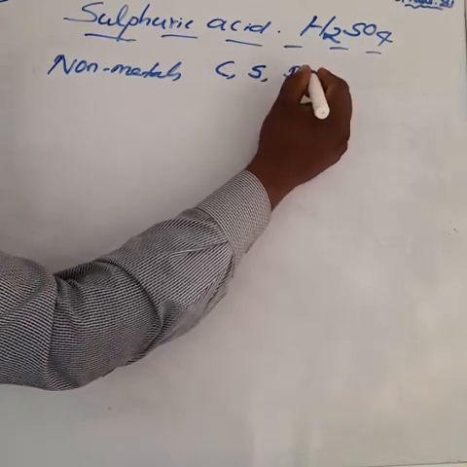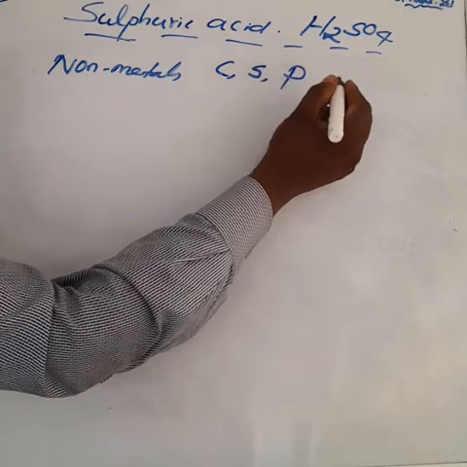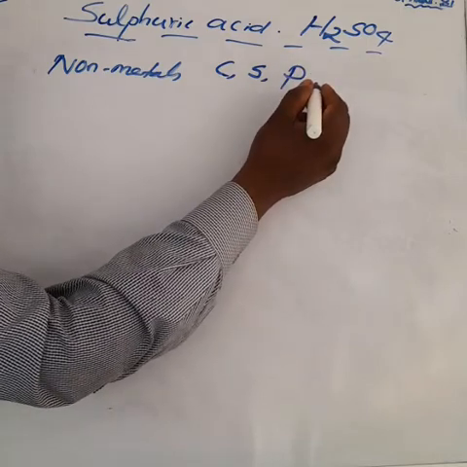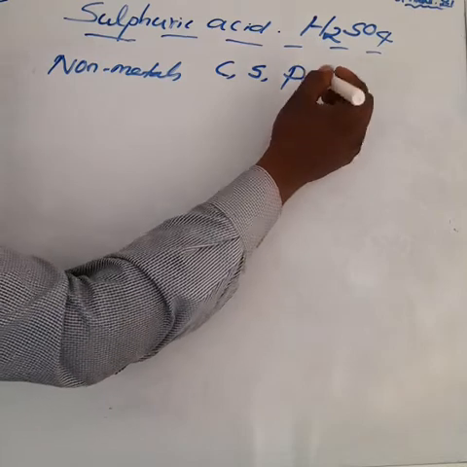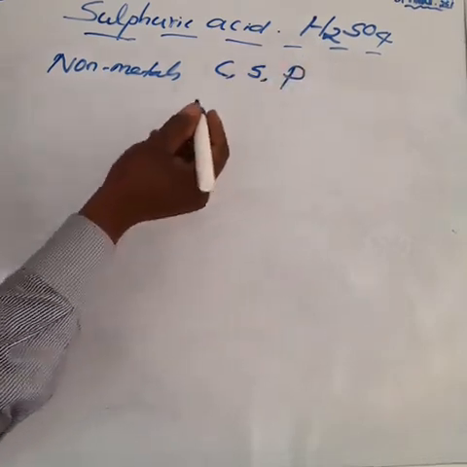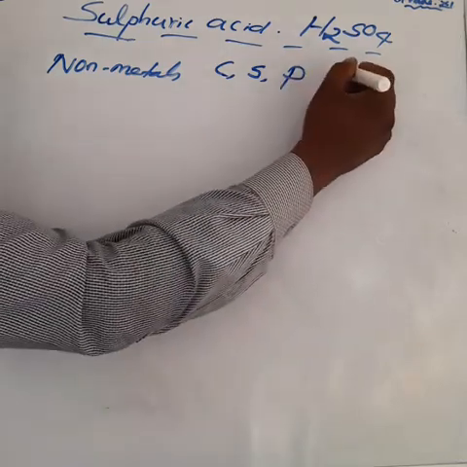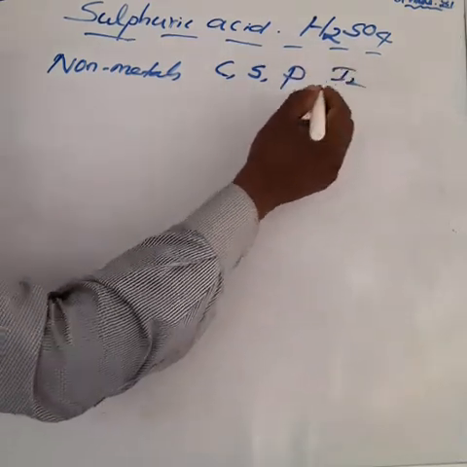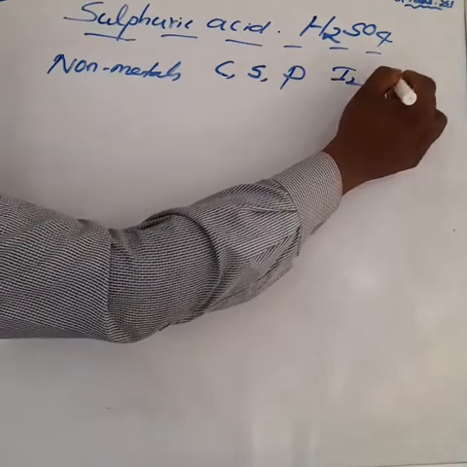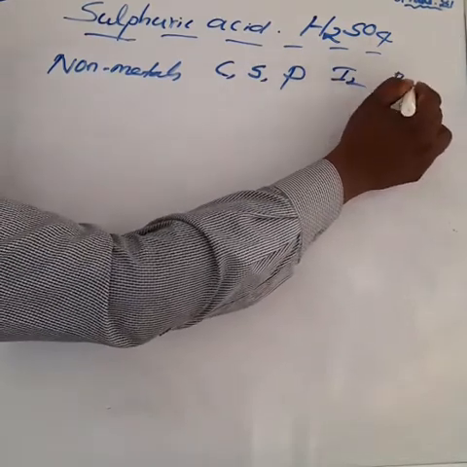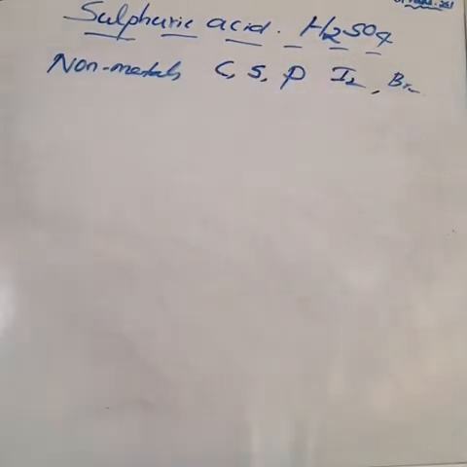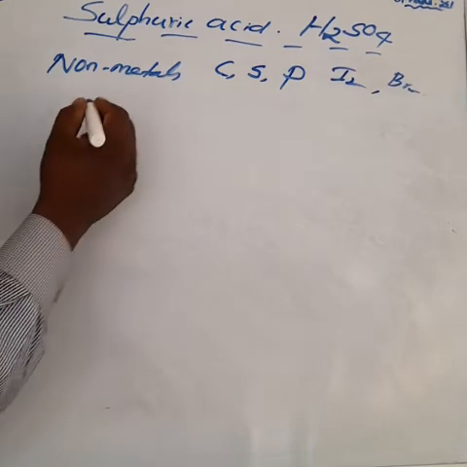Phosphorus combines with sulfuric acid, we get phosphoric acid. Hydrogen sulfide reacts with sulfuric acid, we get sulfur. And also sulfuric acid easily oxidizes hydrogen iodide to form iodine, and HBr to form bromine. These are some of the oxidizing reactions. Let us write the equations.